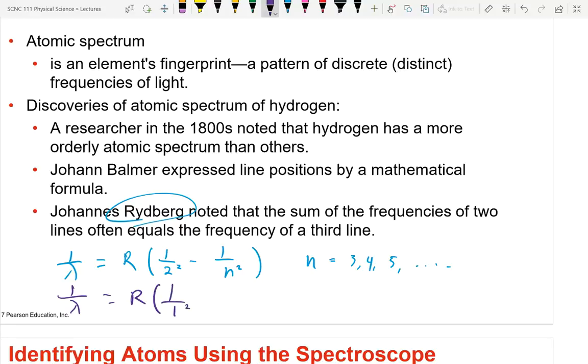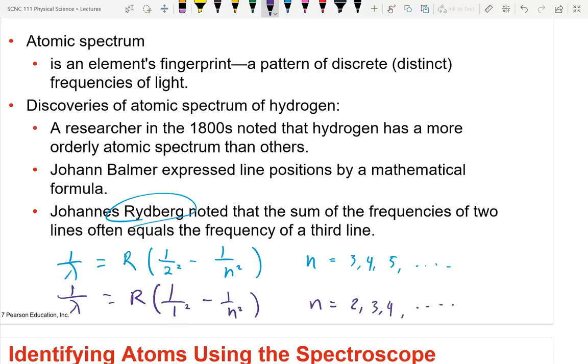I put 1 over 1 squared, which is always going to be 1, just like 1 over 2 squared is always going to be 1/4. And so this equation will give us all of those ultraviolet lines.